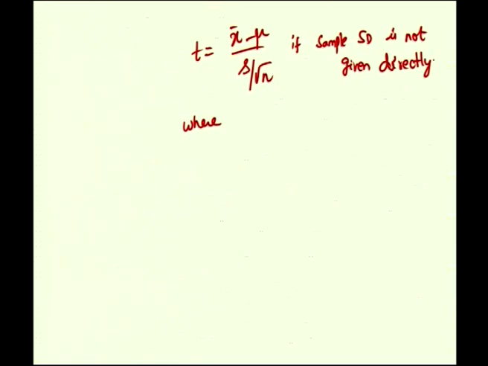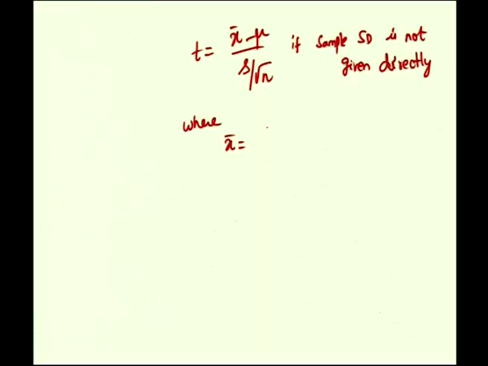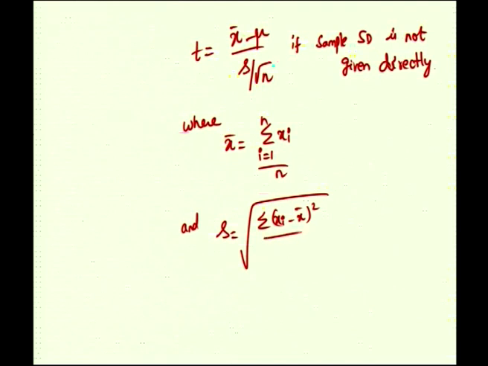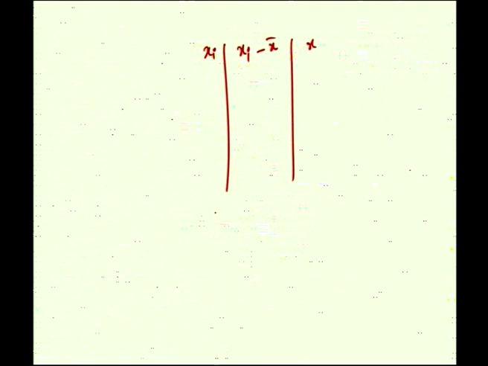Not given directly in the sense it is not earlier calculated and given in the question, whereas you have to calculate the standard deviation and the sample mean using the observations of the sample given in the problem. So, x bar is equal to summation i equal to 1 to n xi divided by n, and S is equal to root of summation xi minus x bar whole square by n minus 1, where this summation is done by forming a column of xi minus x bar and a column of xi minus x bar whole square.